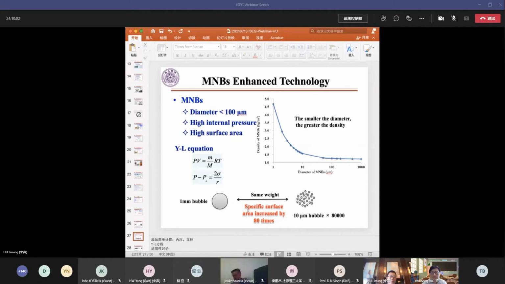From the Young-Laplace equation we can calculate that the internal pressure and the density of the bubble gas are very high, and it also has a very high surface area. It can react very easily with chemicals.